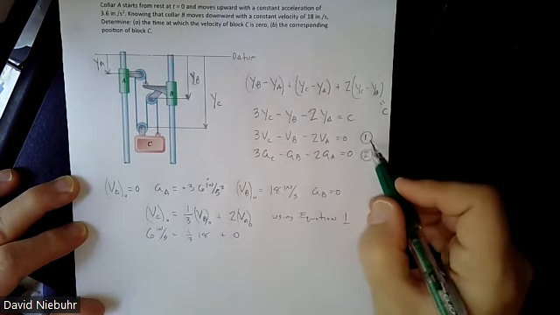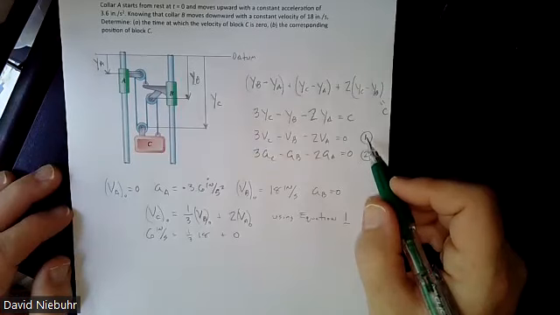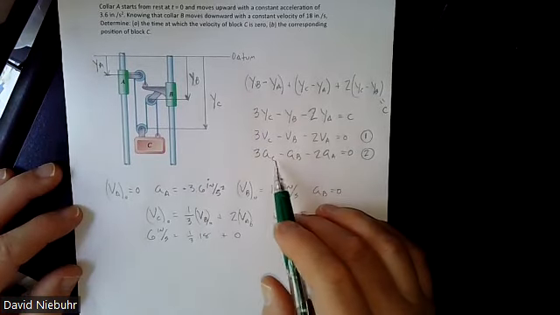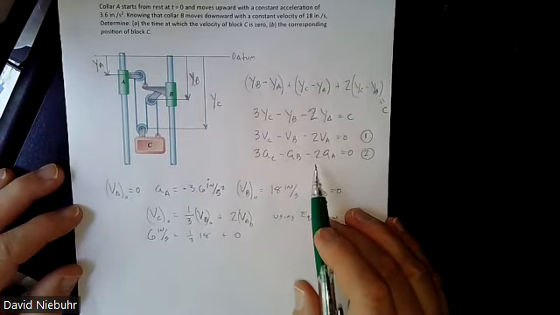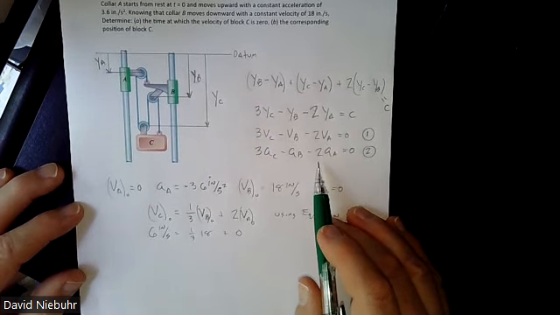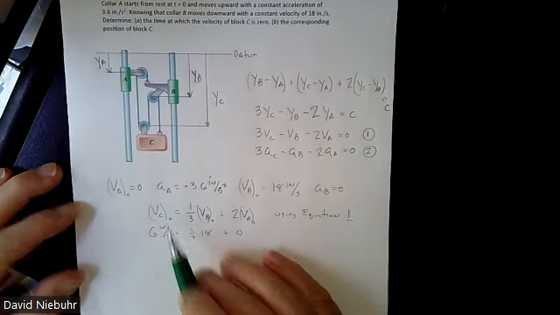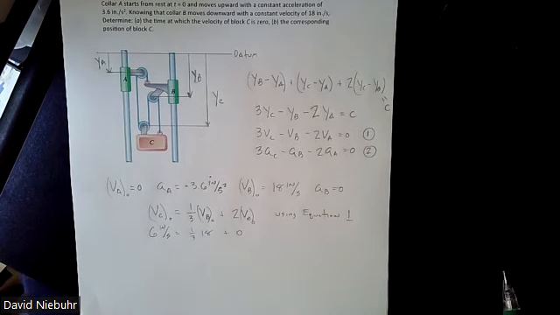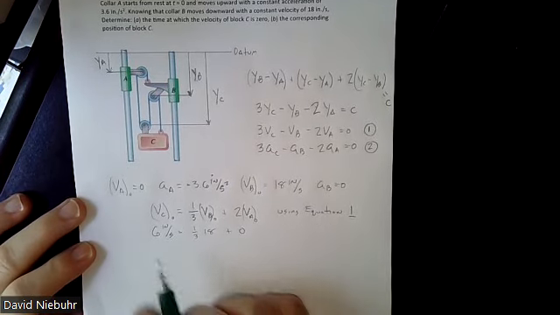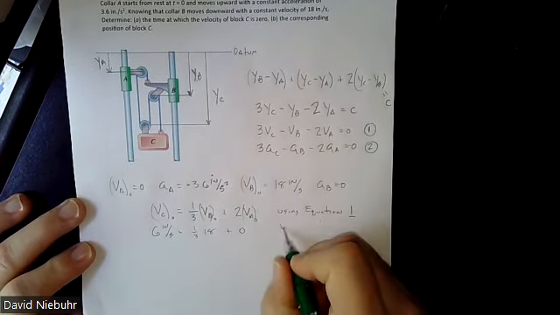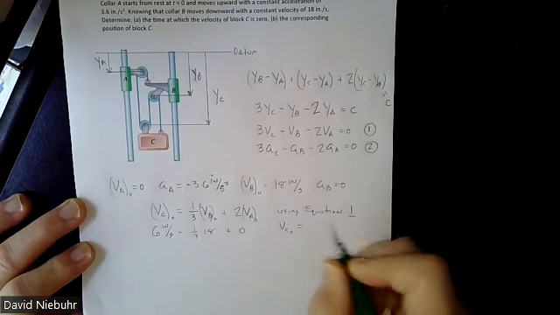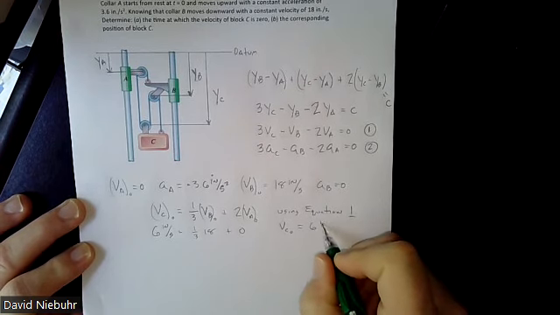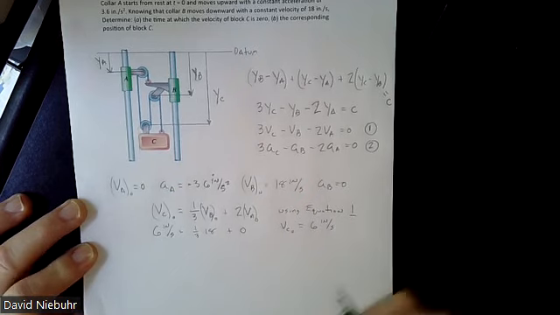Then we're also going to look at the same thing for the acceleration of C, because we're trying to figure out the velocity of C and the acceleration of C, so that's the way we can figure out when it's not moving. So we have that VC naught equals 6 inches per second.